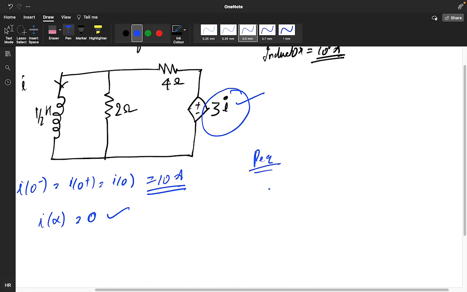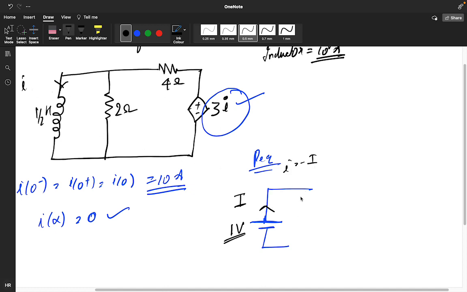So what will we do? We'll assume one test source. This is my V. I am assuming a 1 volt source, and I am assuming this is my I current.